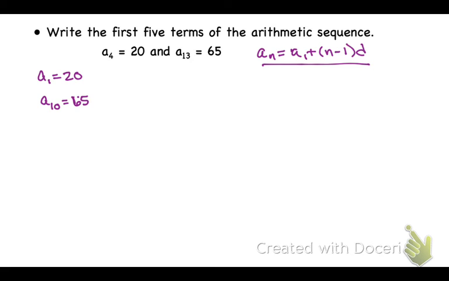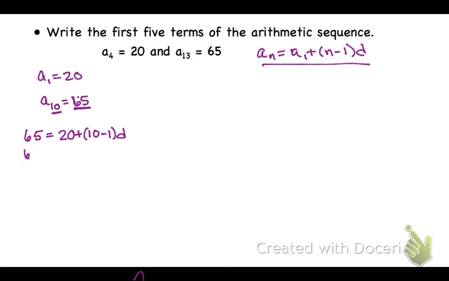So what is a sub n? 65 is a sub n, right? So 65 equals, what's a sub 1? 20 plus n, what is n? 10, 10 minus 1 times d.